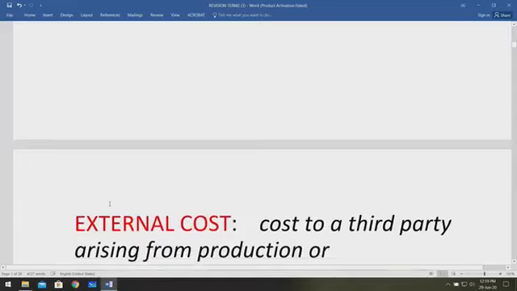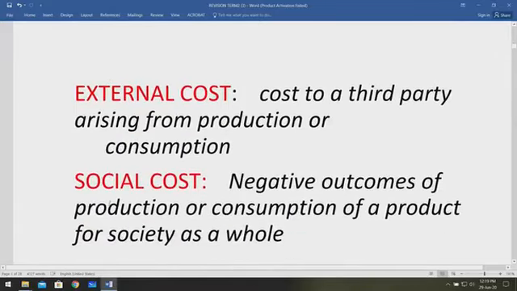So the first one that I've come across is that people get confused between the concepts external cost and social cost. You need to understand that when we talk about an external cost, that is a cost to a third party arising from the production or consumption of a good or service.